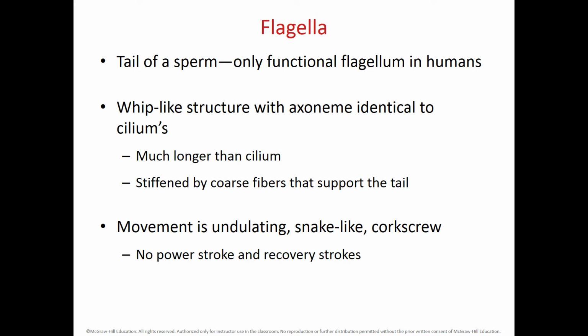I guess, sorry, I mentioned that sperm cells have cilia, but no, they don't. They have a flagellum, which is longer in extension than the cilia. And this is actually the only cell in the body that has a flagellum.